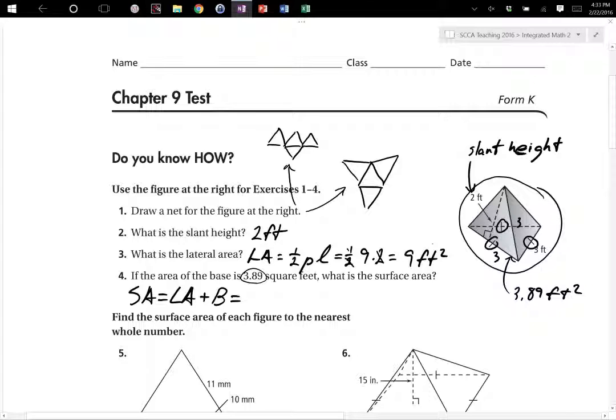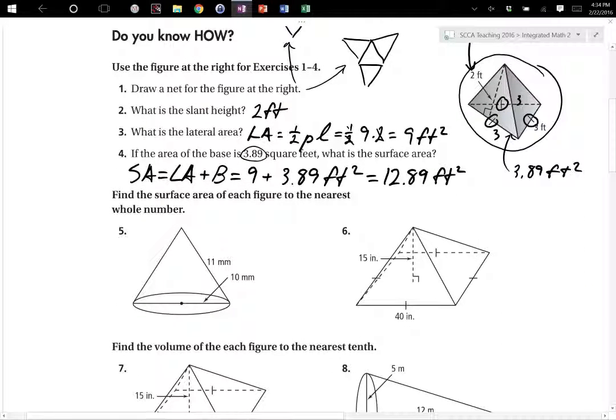And I already got my lateral area. It's 9. My base area, it tells me, is 3.89 feet squared. So that tells me my surface area is 12.89, not 88, 89 feet squared. Okay.